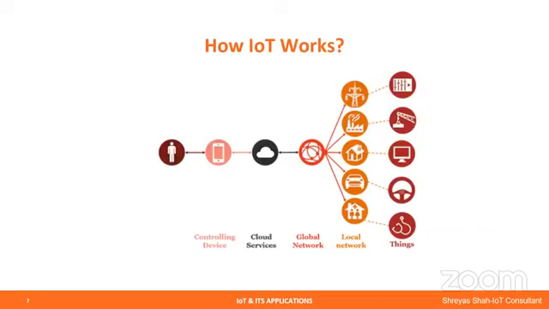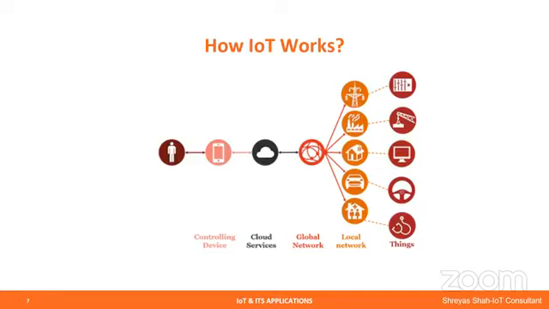Now, how does IoT work? Basically, there are four components in the IoT ecosystem. First, things, that is devices, which play a major role in this technology. Then come controlling devices, as we control devices with a mobile application or web application.